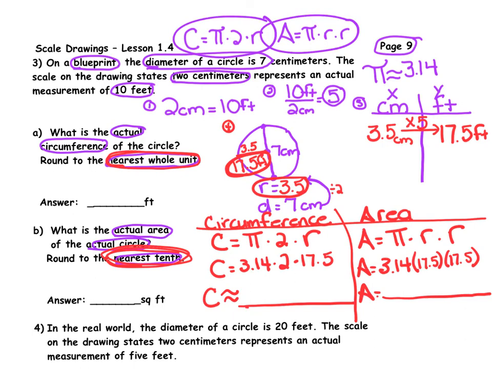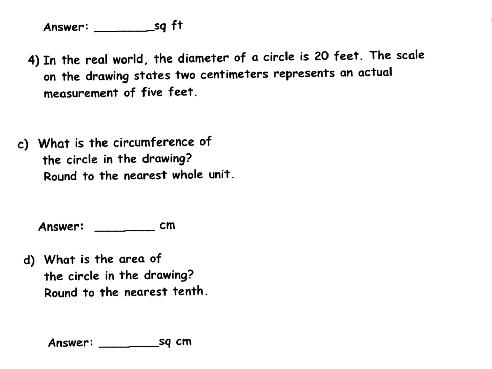Let's move on to problem number 4. Okay, in the real world, the diameter of a circle is 20 feet. The scale on the drawing states 2 centimeters on paper represents an actual measurement of 5 feet in the real world.